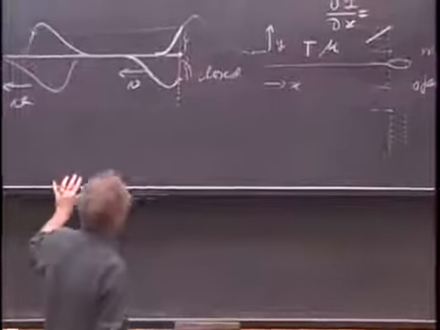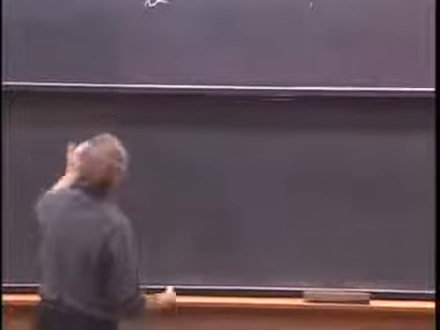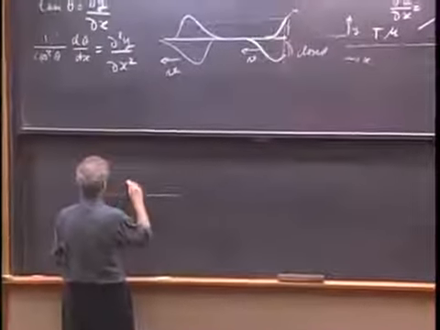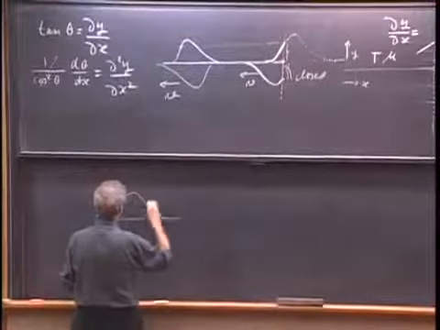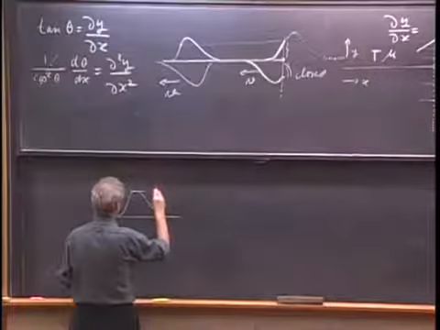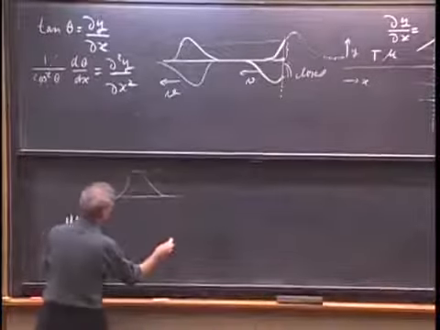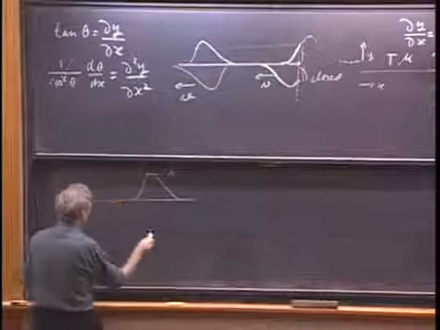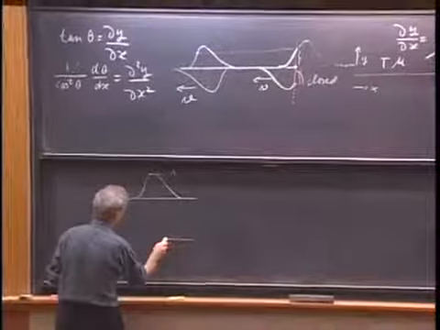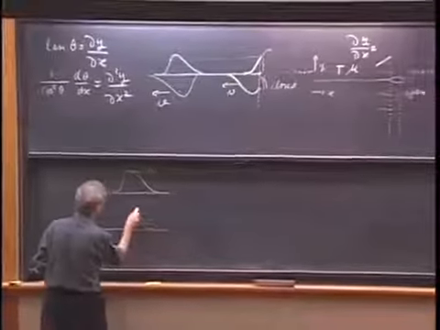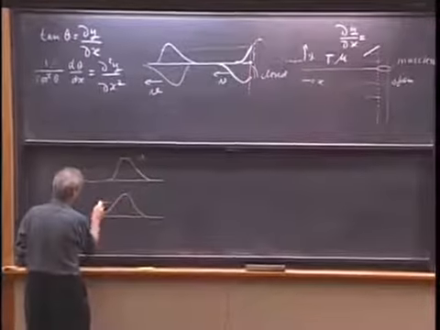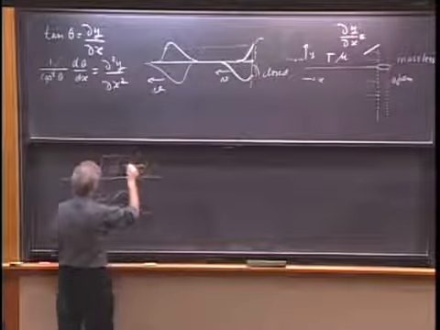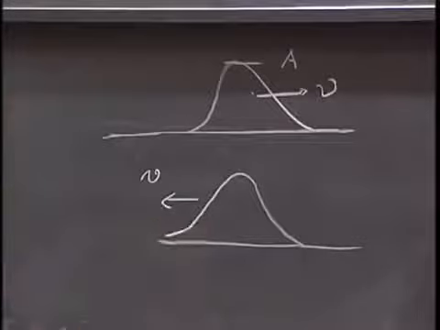And when you have an open end, and this is the pulse that comes in, say has amplitude A, then what comes back at some point in time is again a mountain going in this direction with speed v. This comes in with speed v. We call that the incident pulse, and we call this the reflected pulse.